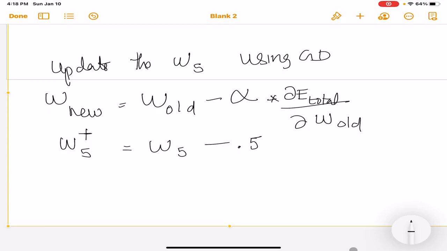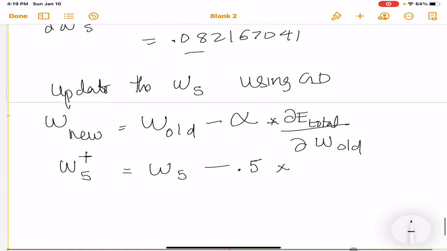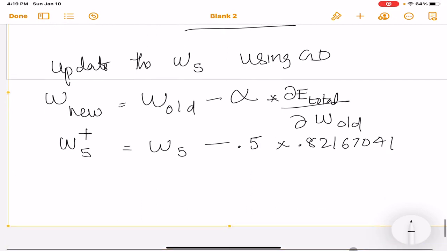Usually we don't give such high values for alpha, but just for the sake of easy computation, I write it 0.5 into the value which we have already computed, that is 0.821674041.